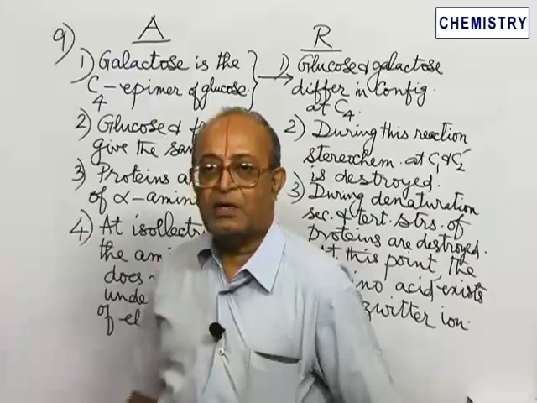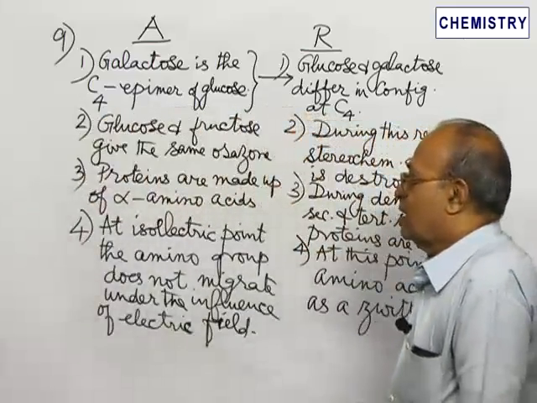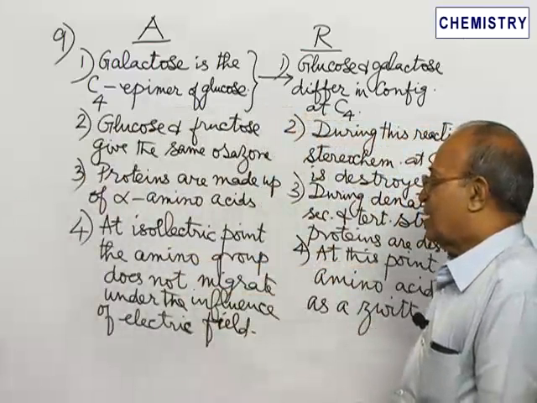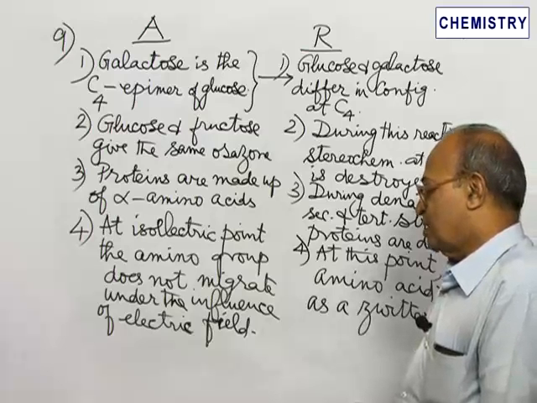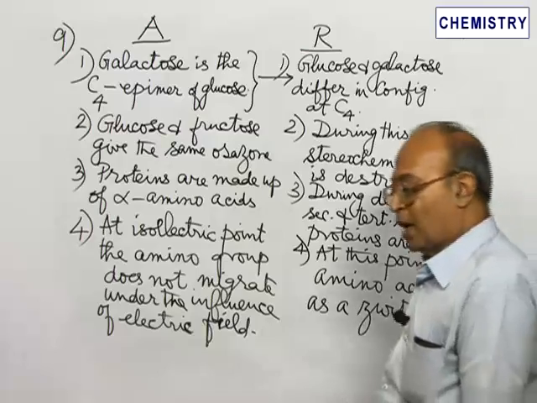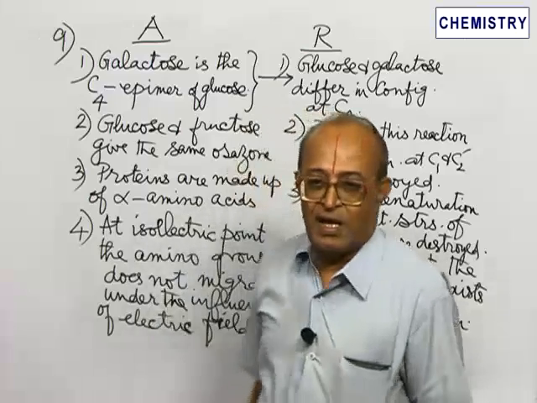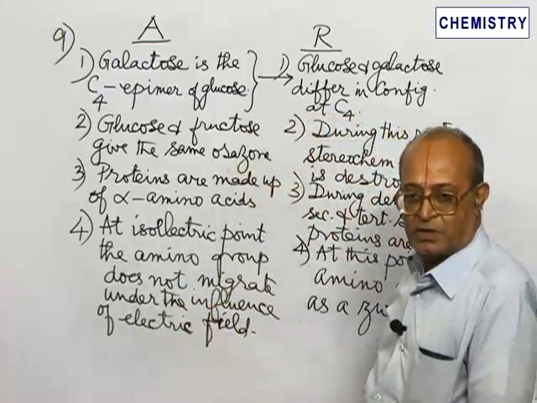Now, the statement under A for 4 is, at isoelectric point, the amino group does not migrate under the influence of electric field. Now, the important point about these amino acids is, under acidic condition, cation will be present.